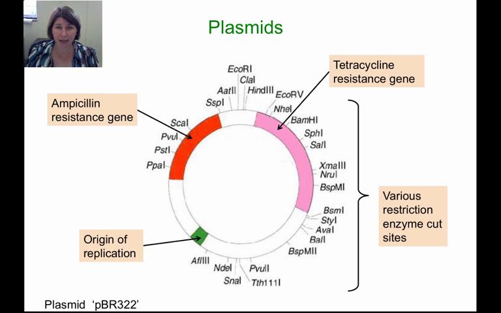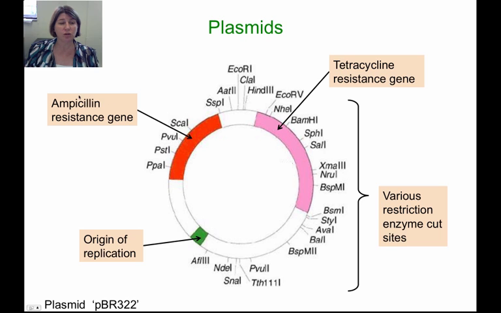So here is an example of a plasmid. Now this particular plasmid is called pBR322, and it was one of the earliest cloning plasmids which was commonly used in a laboratory and is still commonly used now. What we can see is that this plasmid is a circular piece of DNA which has an origin of replication. Now this is necessary so that this plasmid will be replicated by the bacterial systems which replicate the bacterial chromosome.